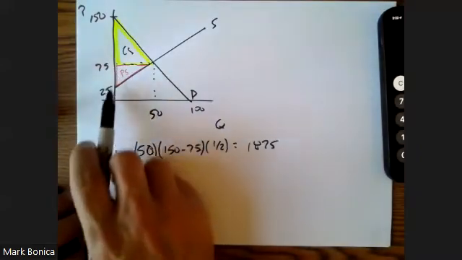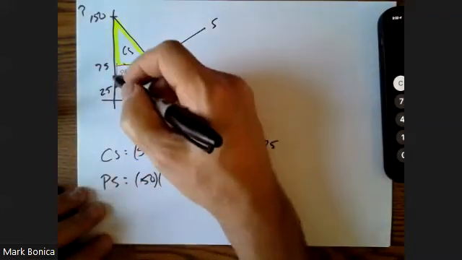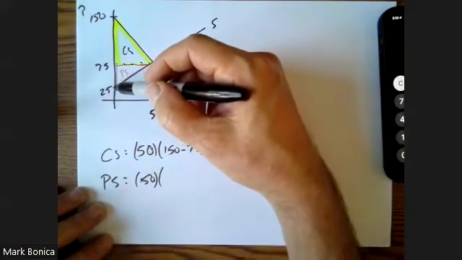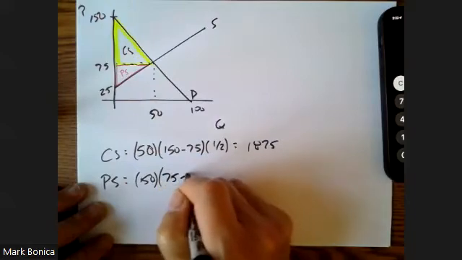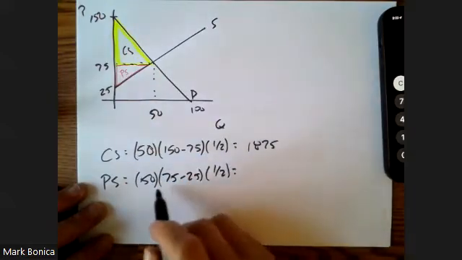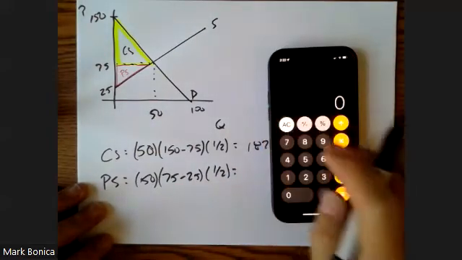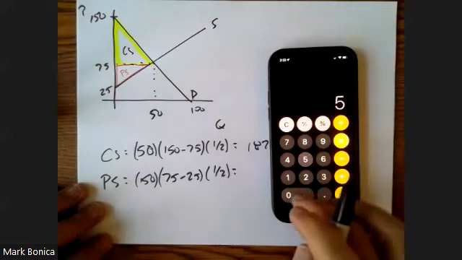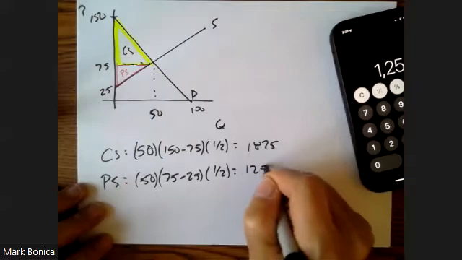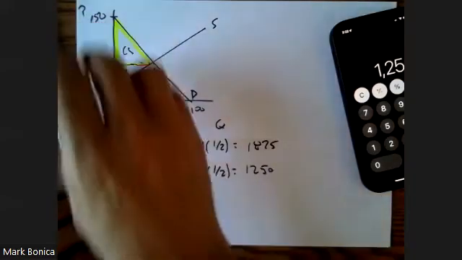The base is the width, right? And that's 50 times the height. So the height is, the highest point is 75, the lowest point is 25. So 75 minus 25 times 1/2. That's 50 times 50 divided by 2. $1250. Okay, so that's the producer surplus.